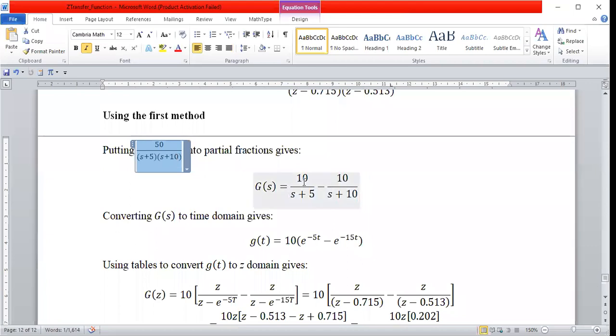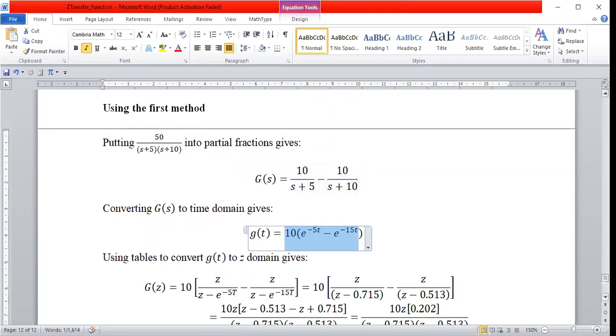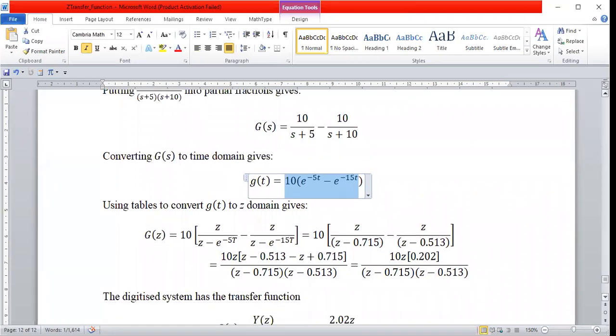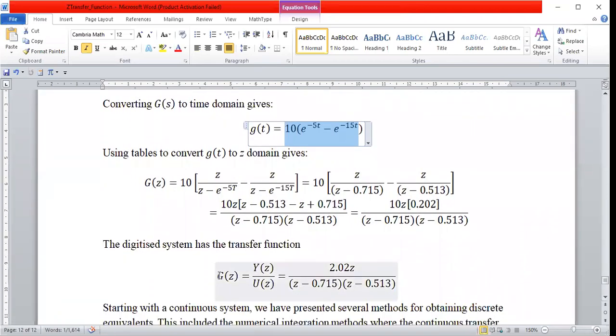We put it into partial fractions, so we got this. Then you inverse Laplace transform this into the time domain, and you get this. Then when you convert from the time domain into the Z domain, you use your tables, you get this. Then when you do the mathematics, this is the Z transform you would arrive at.